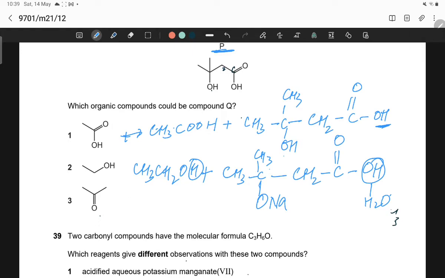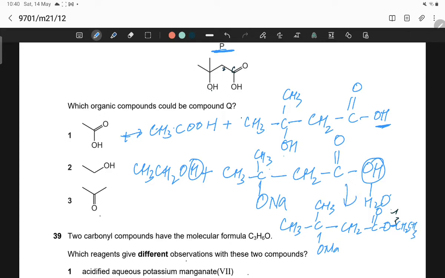The rest of the molecule forms an ester, CH3COOCH2CH3. This is the product of this reaction.